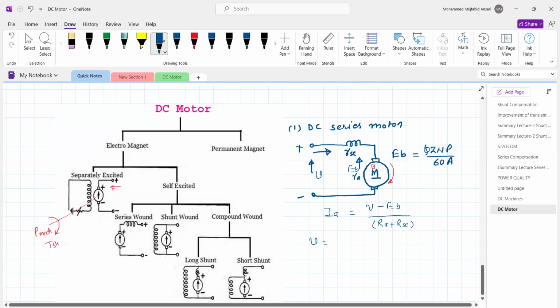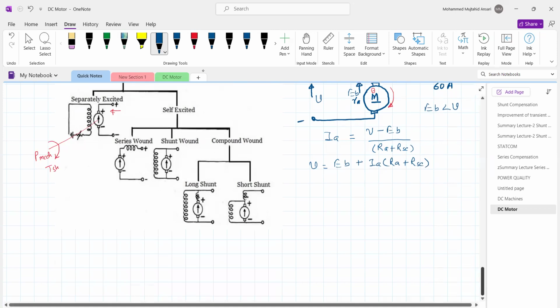If you apply Kirchhoff's voltage law, V is equal to back EMF EB plus IA into bracket RA plus RSE, whereas the back EMF is smaller than the supply voltage. So this is the DC series motor.